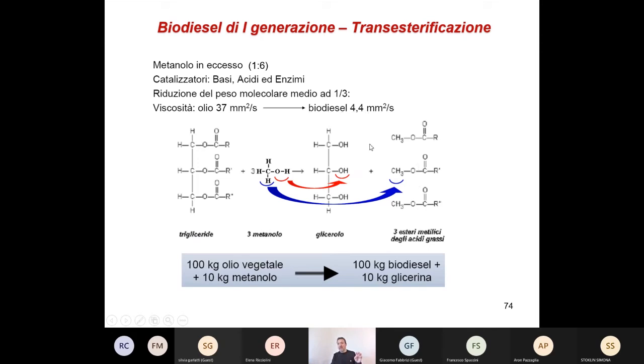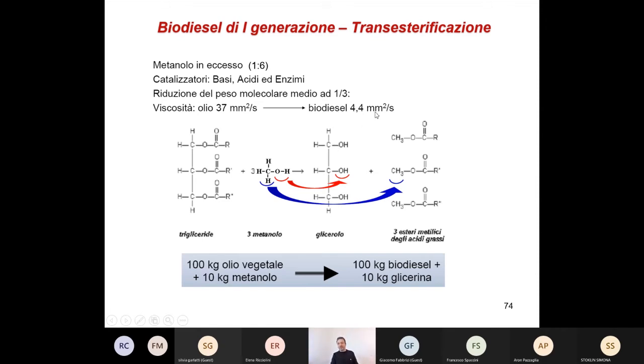You can't use vegetable oil directly in your diesel engine, because this viscosity blocks everything in a very short time. You can use biodiesel because the viscosity is lower. Not as low as diesel, but comparable.